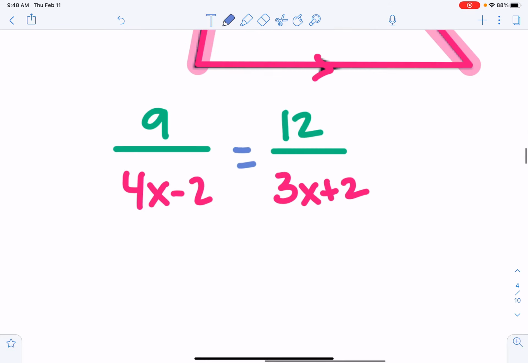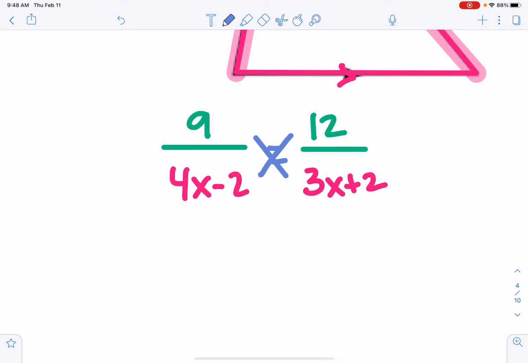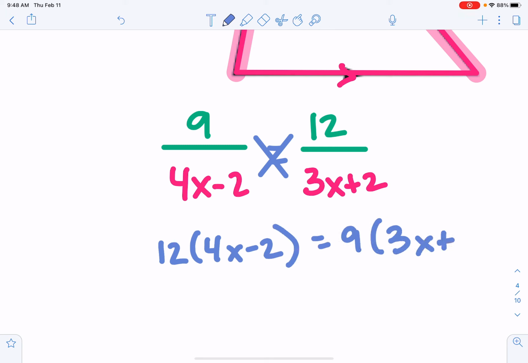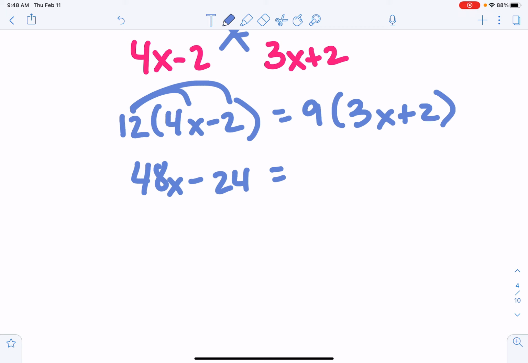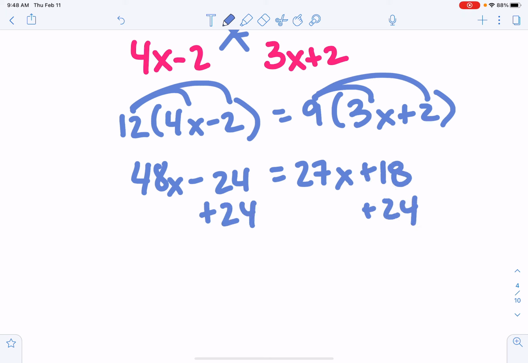So then all we have to do is cross multiply and solve. So we get 12 times 4x minus 2 equals 9 times 3x plus 2. Distribute, that's 48x minus 24. I'm doing this in my head, so see if I make any errors. 27x plus 18. Add 24 to both sides. Do a little bit of algebra. 18 plus 24, 42.